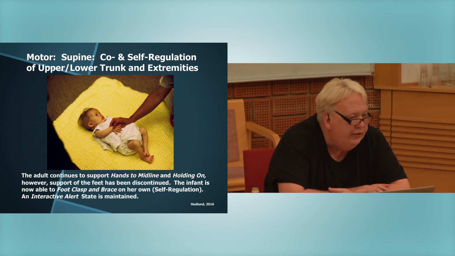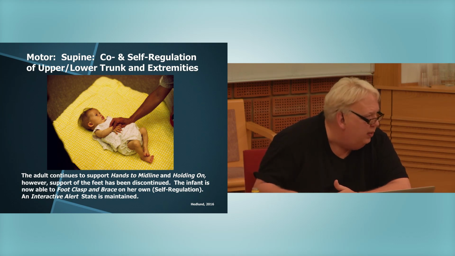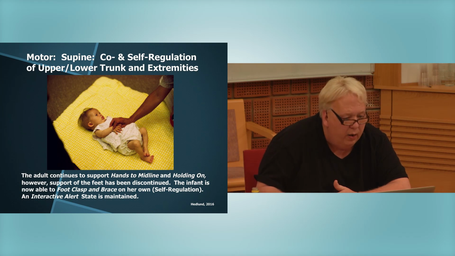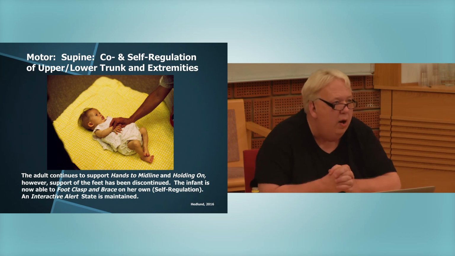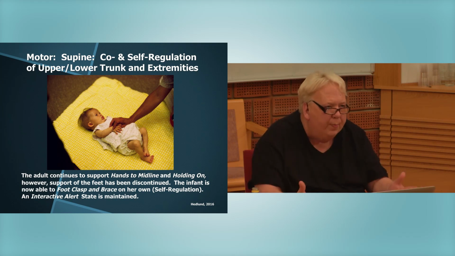Now the interventionist has removed the support she provided to the feet because the baby has taken over this all by herself. She now is foot bracing with one foot into the supporting surface and also foot clasping with one foot sole against the other. But support is still being offered with the hands because you don't want to overprotect the baby. You don't want to over-facilitate the baby.